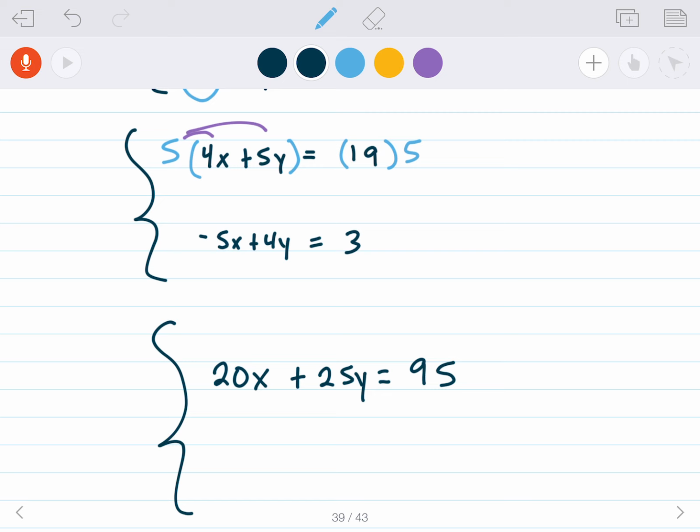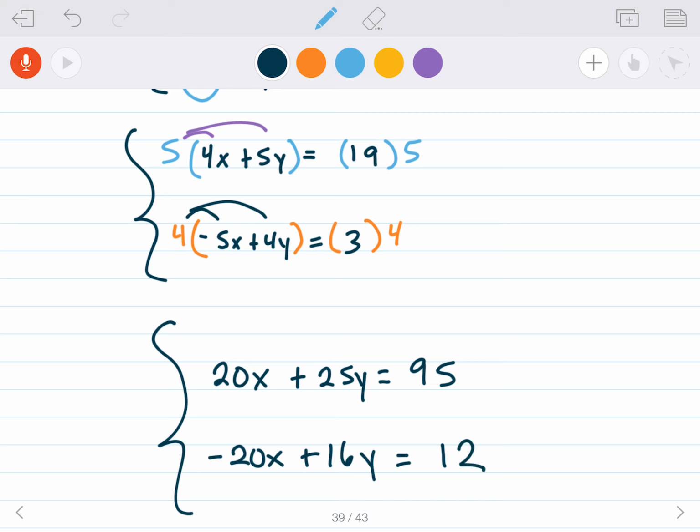The second equation, I wanted this negative 5 to turn into a negative 20. So to do that, I better multiply both sides by a positive 4. And when I use the distributive property on the left, 4 times negative 5x is negative 20x. 4 times a positive 4y is a positive 16y. And on the right, 3 times 4 is 12.